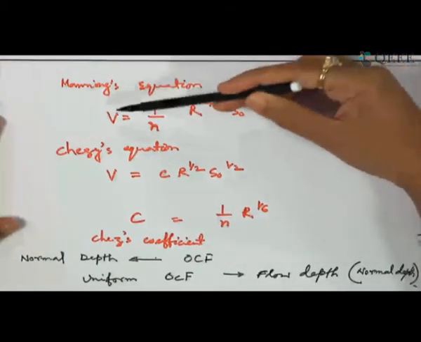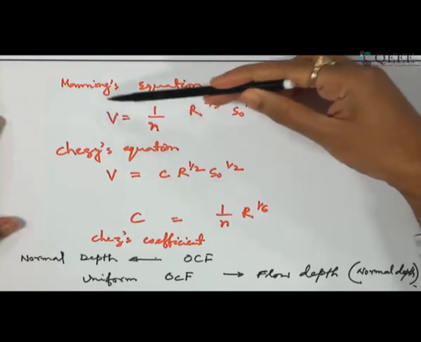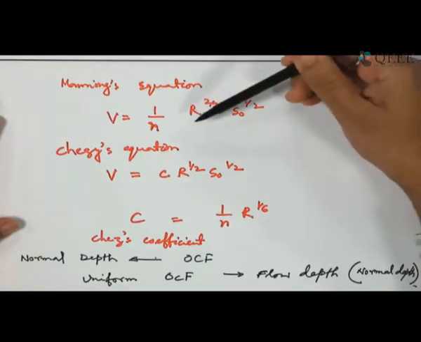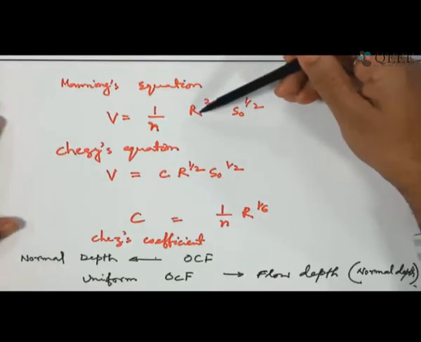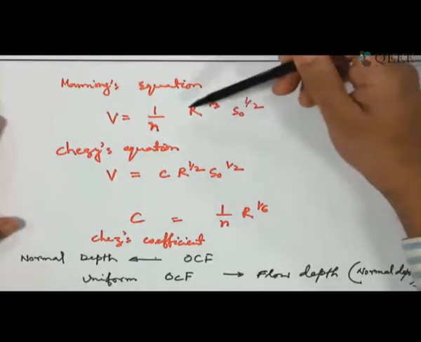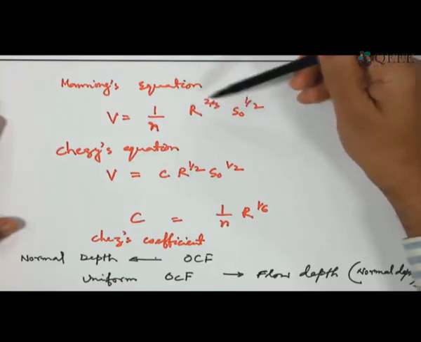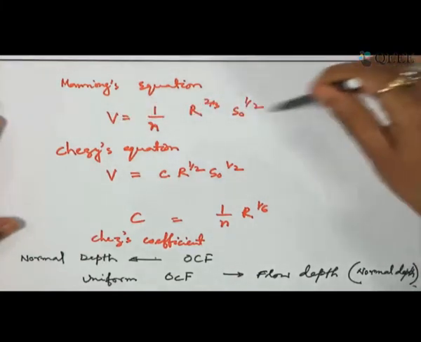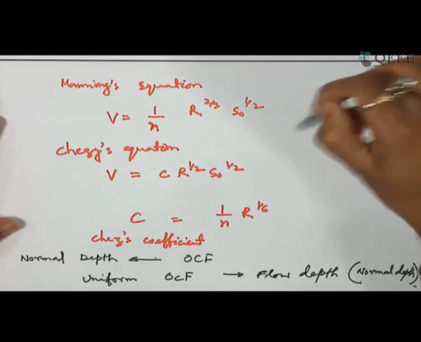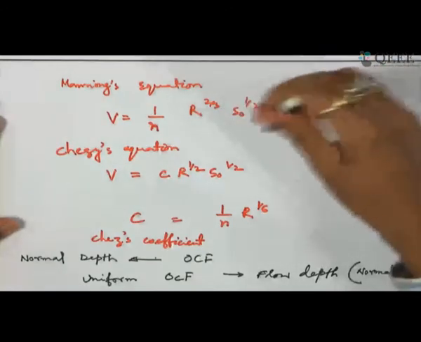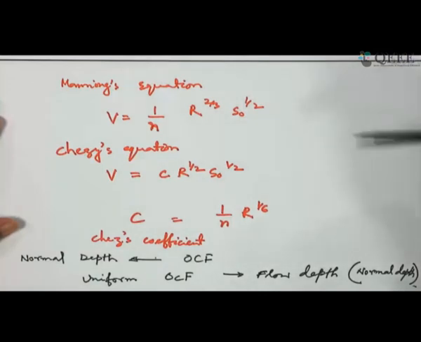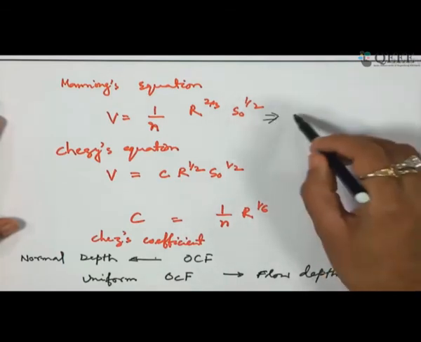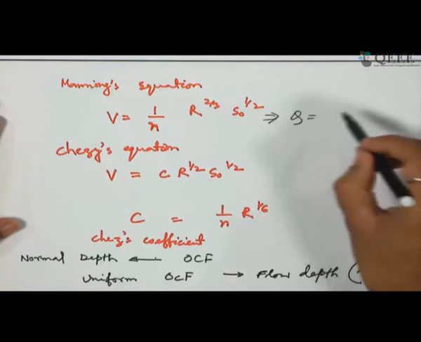If you know the velocity at any section, then you can represent that velocity and hydraulic radius and relate it using some nonlinear relationship, and if you solve it using a calculator, you can get the normal depth value. The most simple thing is that you can calculate the discharge.